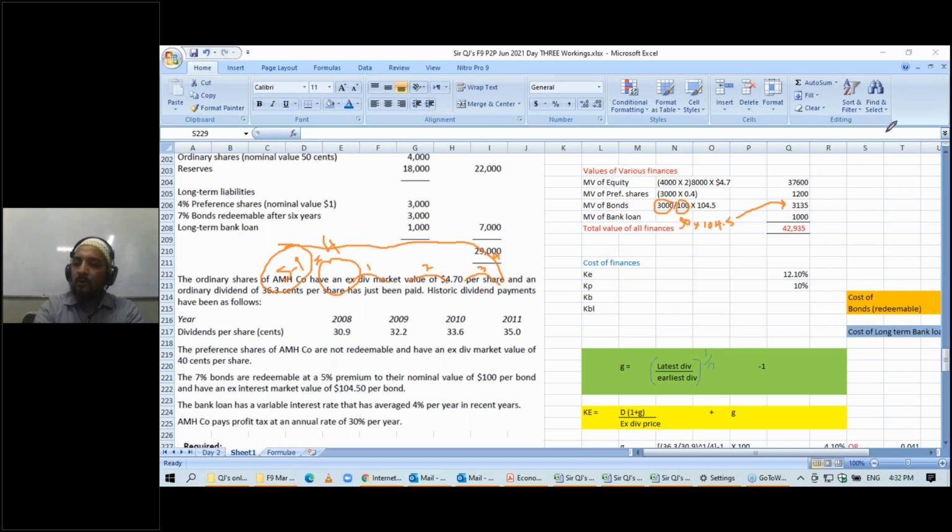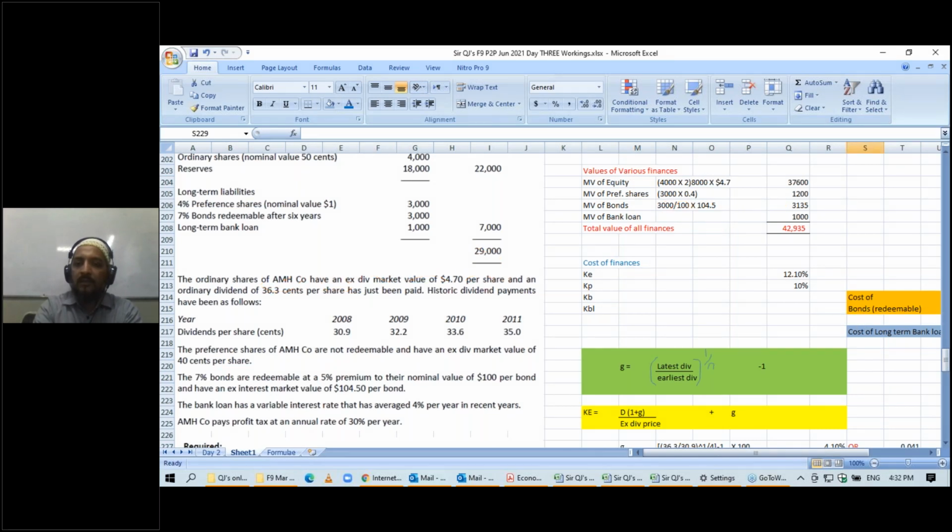Okay, Temur, is it clear? We have used the same formula in every case. For market value, what I have done is multiply the quantity of each item with the market price. So it's a simple rule of calculating market value. The formula is the same for all items.